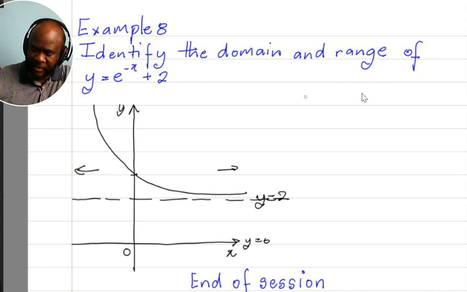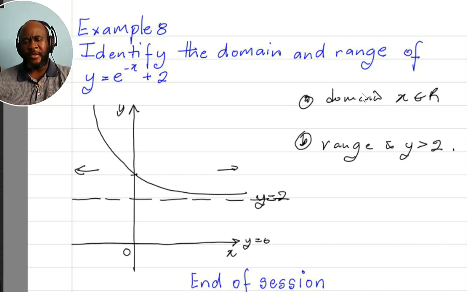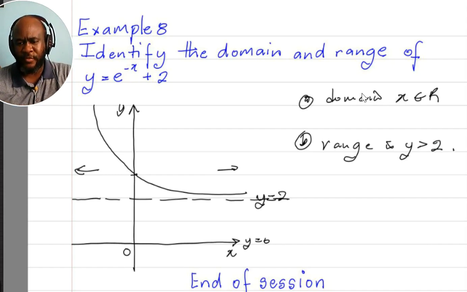So a, the domain, is x is an element of the set of real numbers, and b, the range, is y is greater than 2. All right, so that's the end of this session.